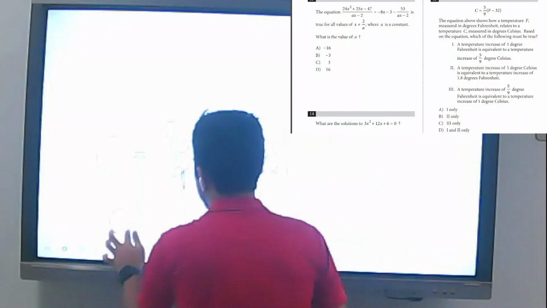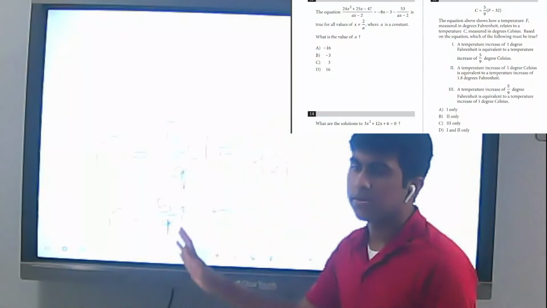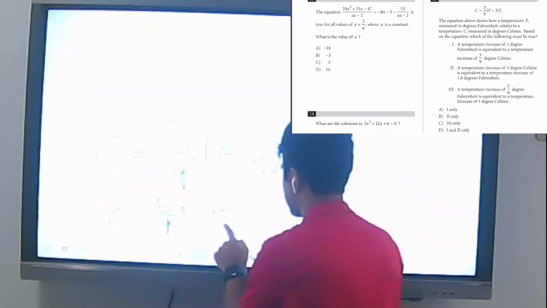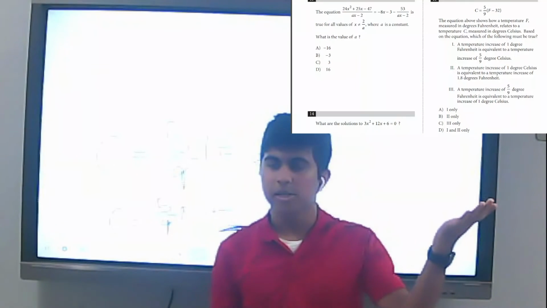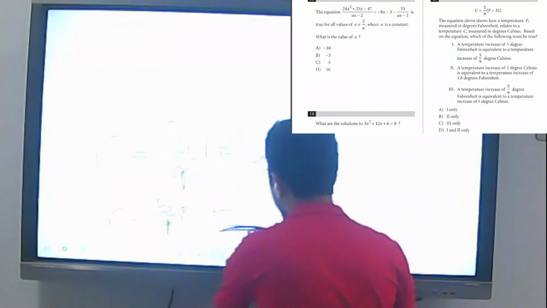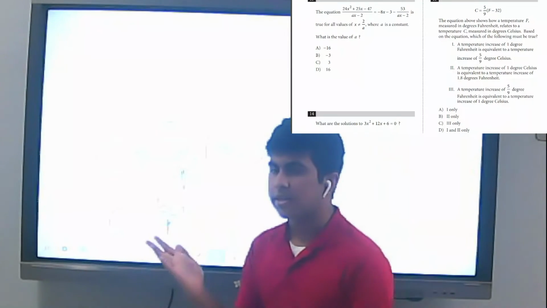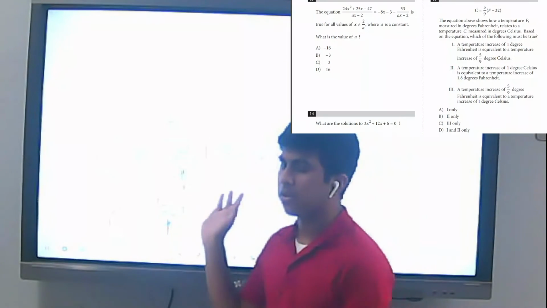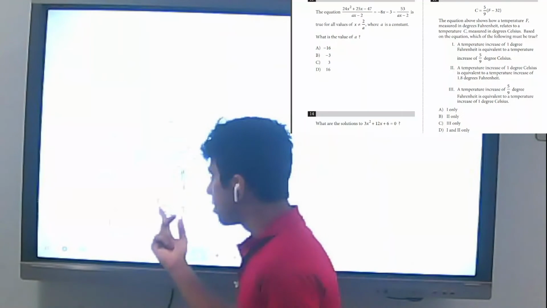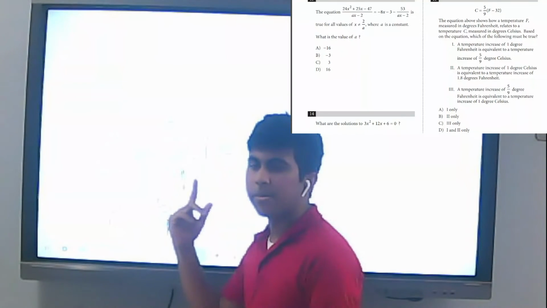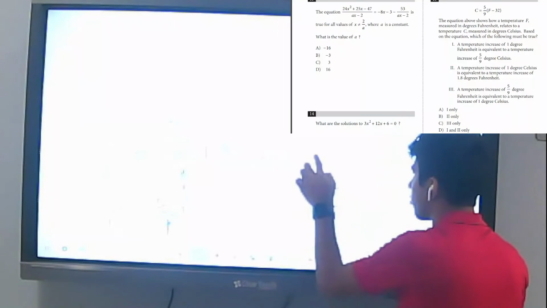So this is just C equals 5/9 F plus some constant, which I don't care about right now, because we're seeing if I increase something by this much, how much do I increase the other thing by? If I increase Fahrenheit by 1, that's going to be adding 5/9. So C is going to go up by 5/9. That's choice 1, so that one works.